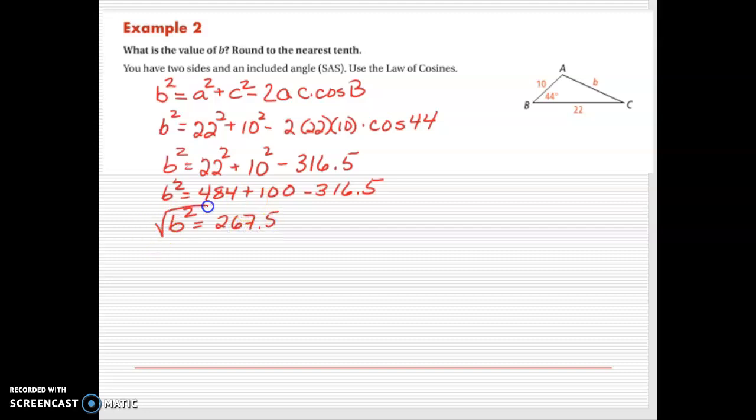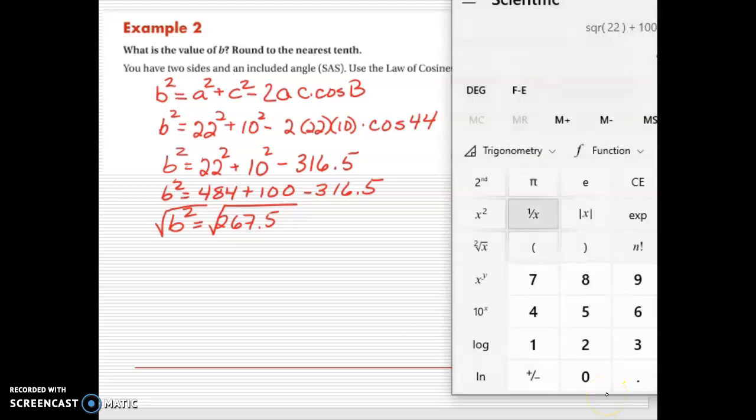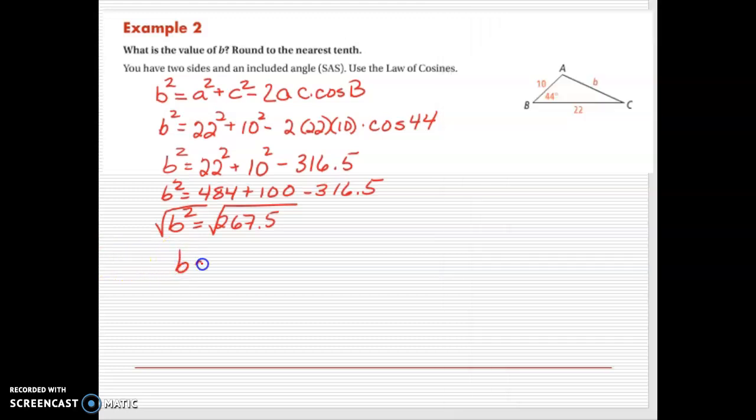So I'm going to take a square root of both sides. And there's a square root. It gives me 16.4. So B is roughly 16.4. Now you could use whatever you wanted to find the other angle, or use another one to find A and C. Use the law of sines if you wanted to.